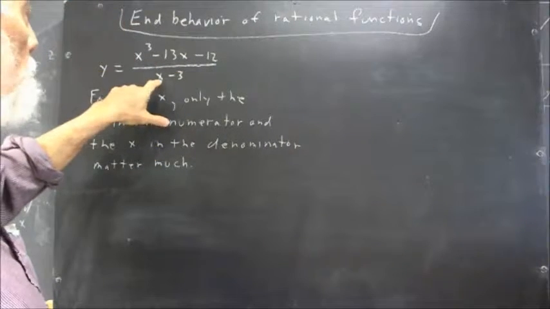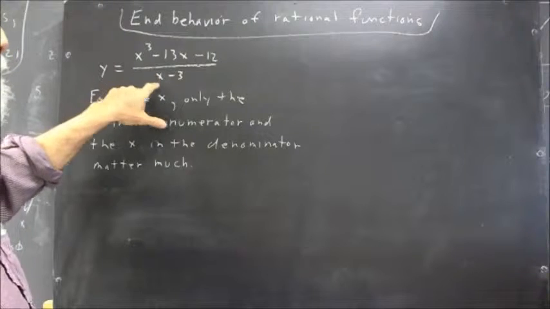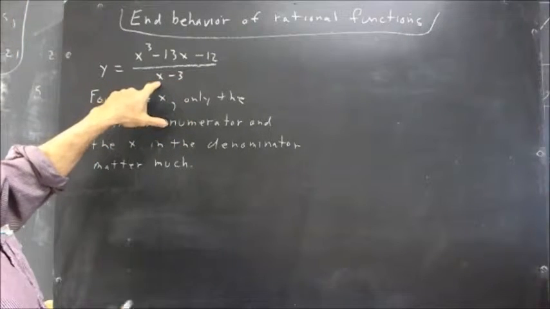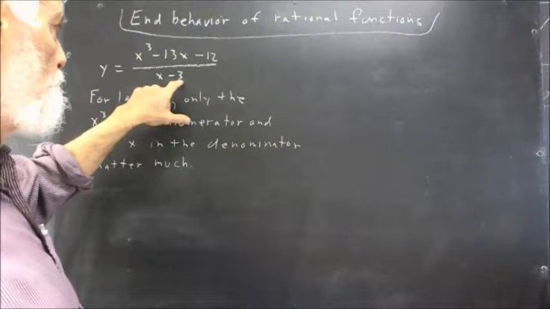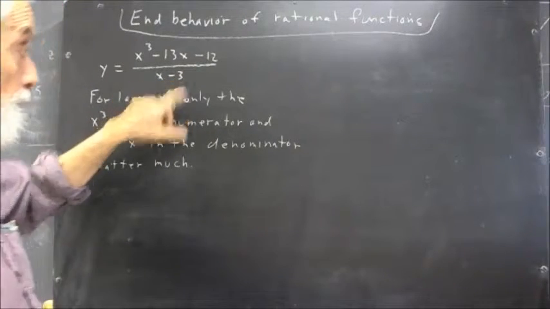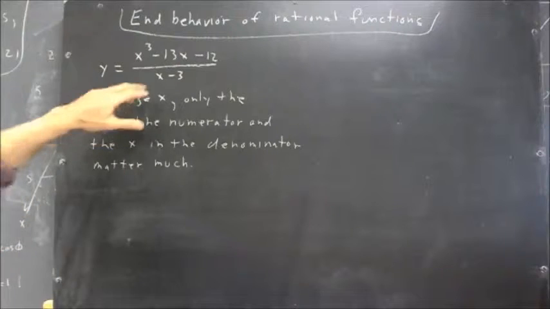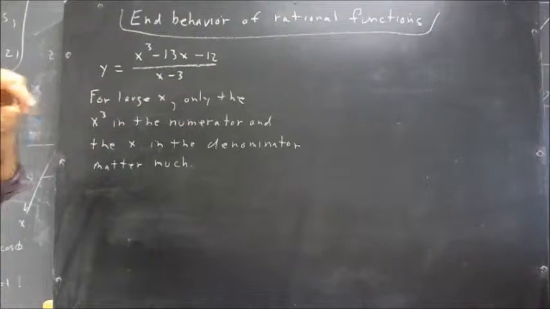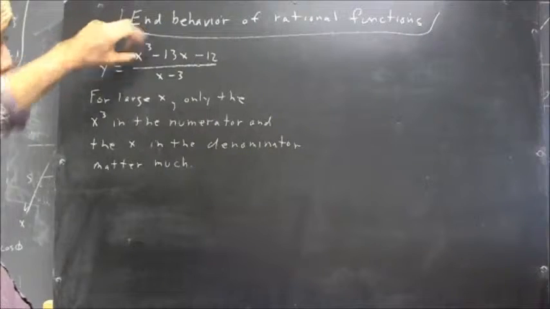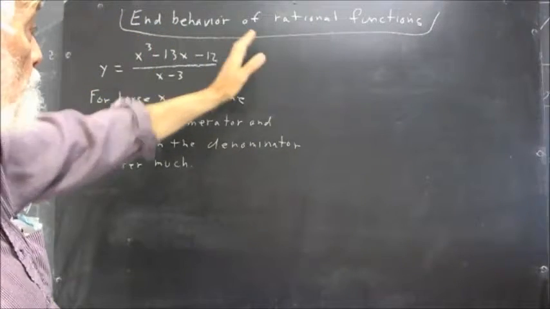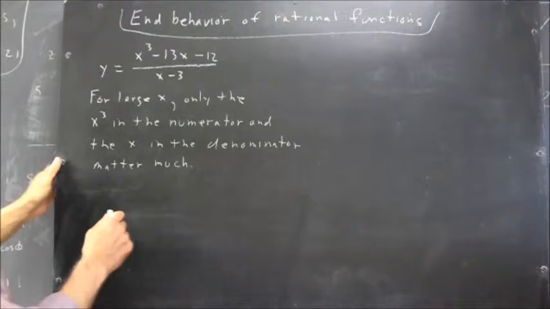And for the denominator, if x is say 1,000, then 1,000 versus 997, 1,000 minus 3, there's not much difference. So for large x, the only terms that really matter are the x cubed and the x, and we can pretty much just forget about the other terms.